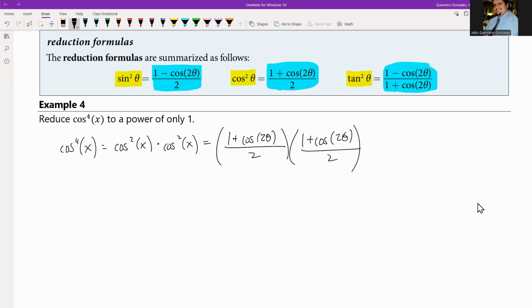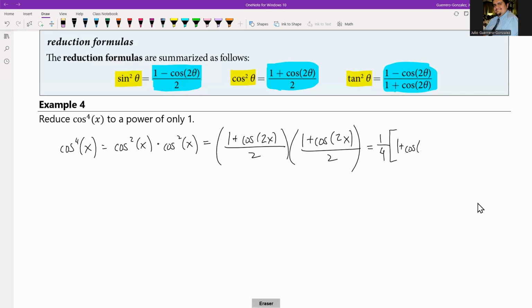Okay? And if you multiply this out, I'm going to separate some stuff out. So I'm going to do this. It's going to be 1/4, in big brackets, 1 plus cosine 2x, since I was using x's.